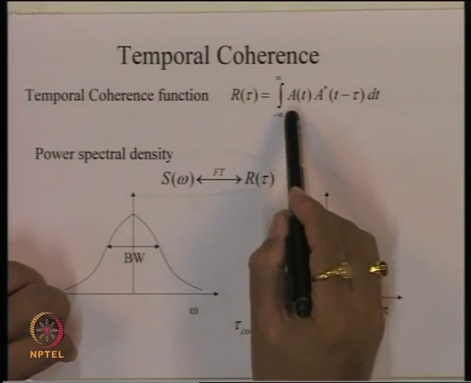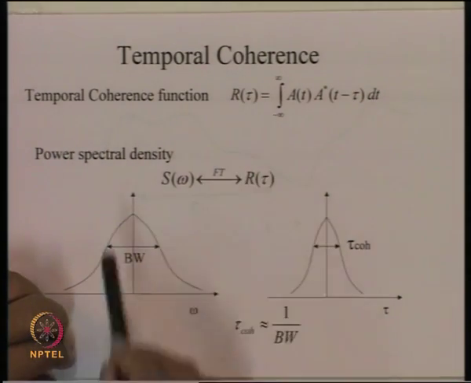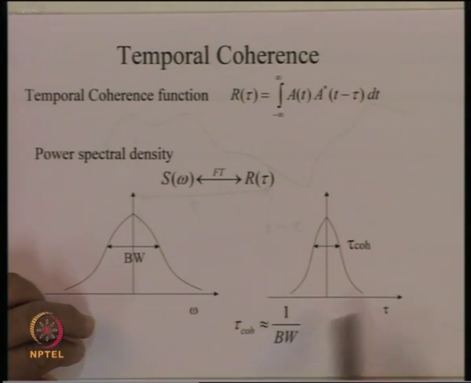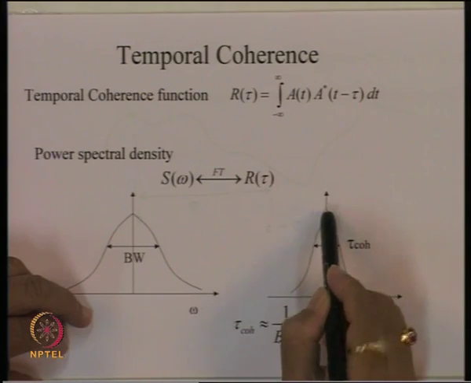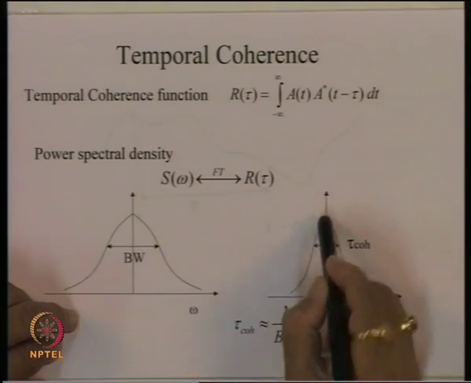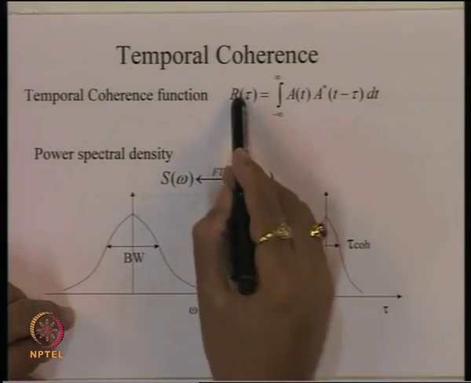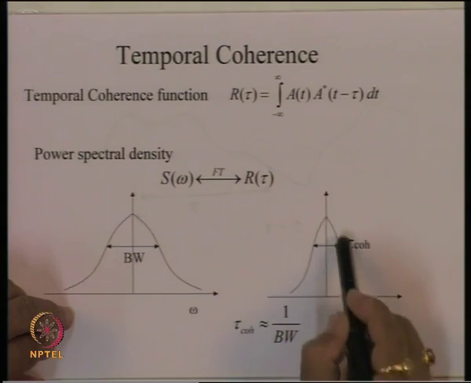That is what is shown here, that if I take the plot of this quantity R of tau as a function of tau, then typically we get a behavior which will look like that. When tau is equal to 0, you get the maximum, and this function is normalized to 1. So, you say that the correlation is 1, and as the time increases, this function drops.